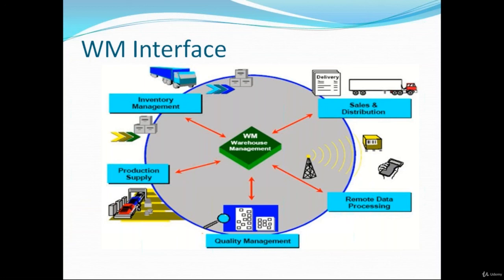Remote sensing data means there will be interfaces with RFID devices for all the operations. Mainly in the warehouse management module, we don't do anything manually in the SAP system. There will be RFID devices used for scanning the material from the source bin and destination, and for various processes like putaway confirmation, picking confirmation and movement of material within the warehouse.